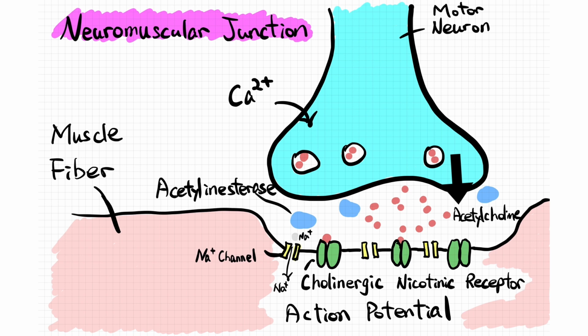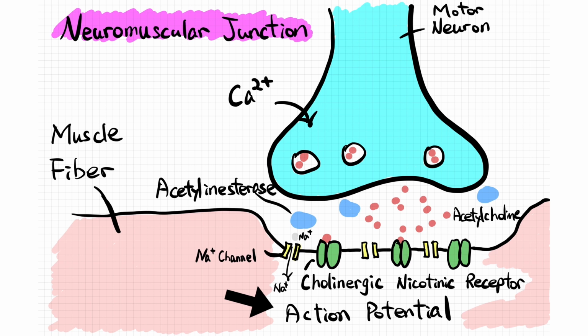The binding of acetylcholine to its receptor on the motor end plate causes the opening of sodium channels and influx of sodium. This leads to a change in the sarcolemma's electrical potential, resulting in the generation of a muscle action potential.